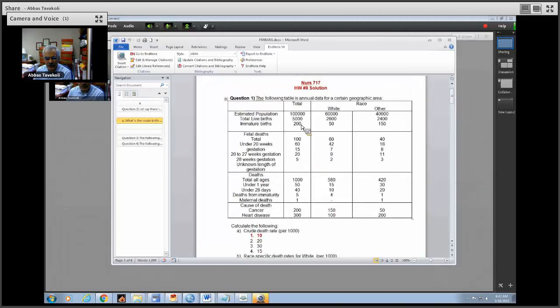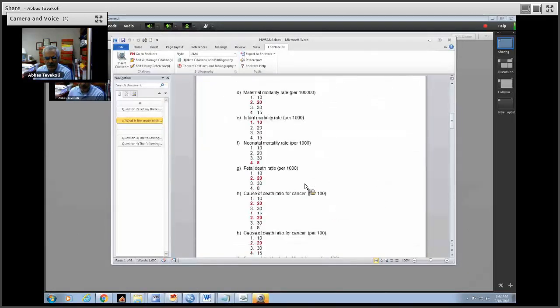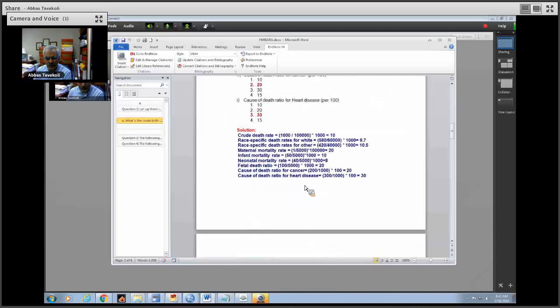Again, we have under 1 year here, the total, and then total live births, you're looking at it again. Fetal death ratio, again, the denominator still is total live births.